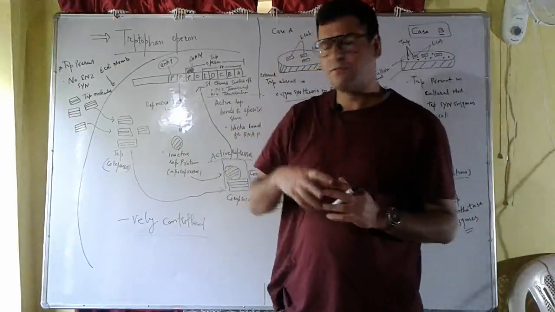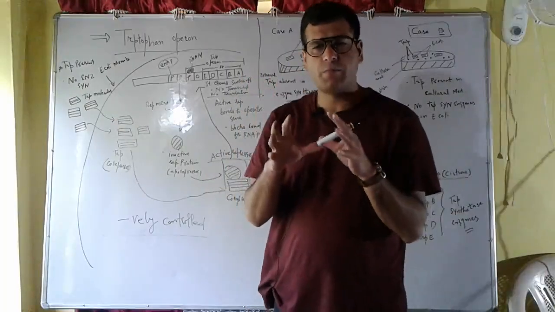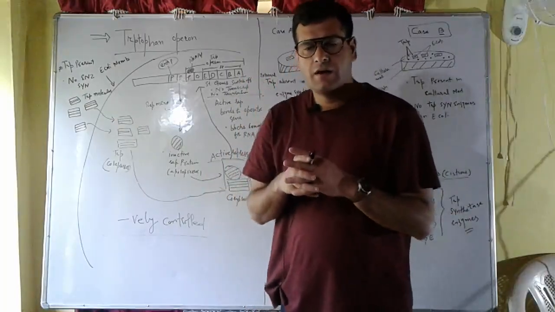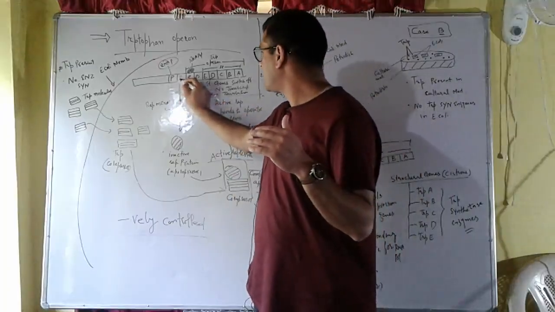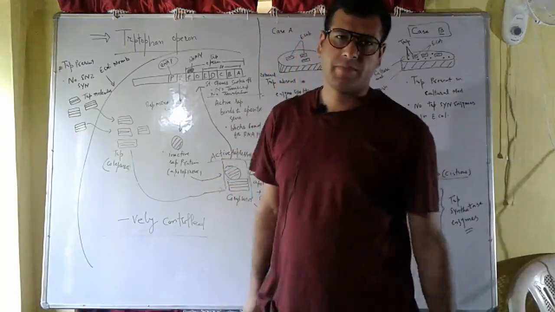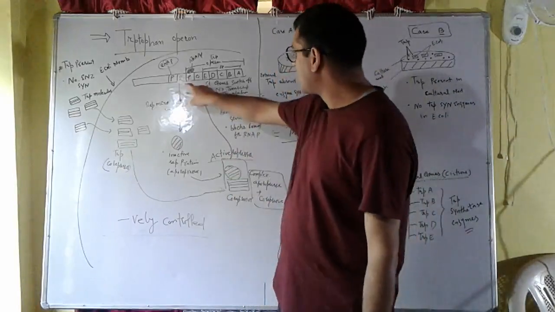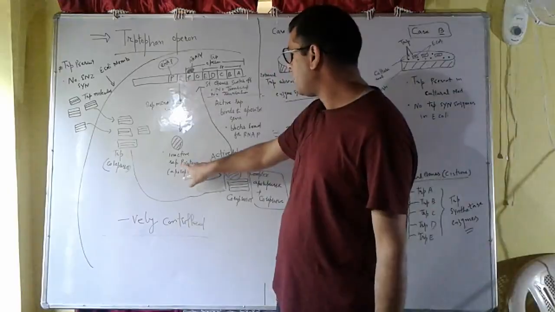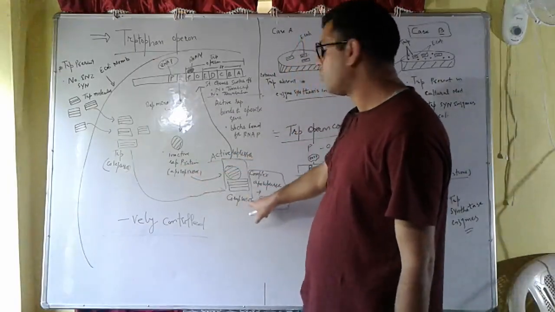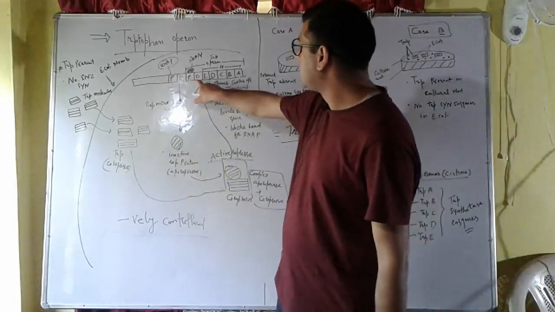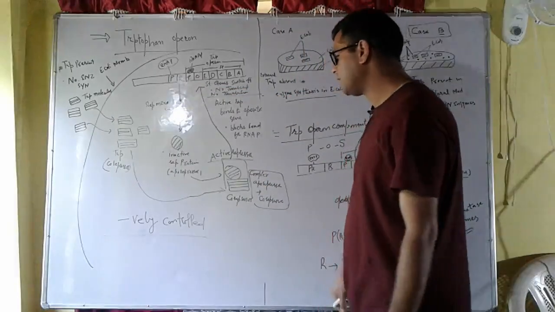A negatively controlled operon is that type of operon where the product of the regulator gene will inhibit the transcription of the structural genes. Here the product of the regulator gene, that is the aporepressor, in collaboration with the co-repressor, that is tryptophan, has inhibited the transcription of the structural genes. So it is a negatively controlled operon.